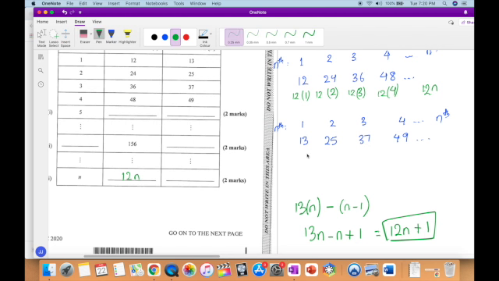So n is 1, so if I take 1 multiplied by 12, I'll get 12 plus 1 is 13, yes. 12 times 2 is 24 plus 1, yes. 12 times 3 is 36 plus 1, yes. 12 times 4 is 48 plus 1.